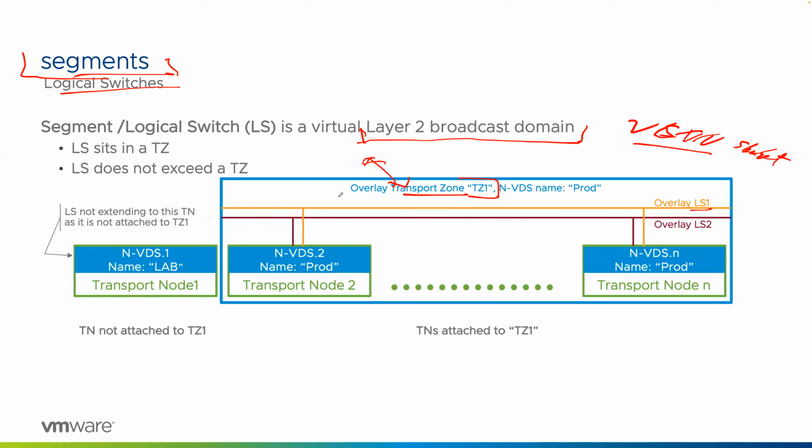Overlay logical switch 1 is yellow and expands across the whole TZ. The brown one, logical switch 2, also expands around the whole TZ.